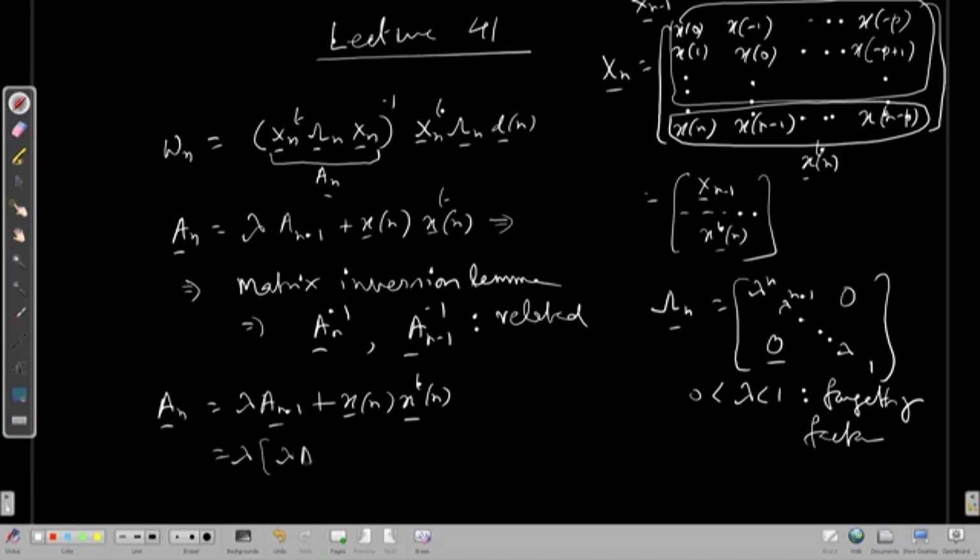So, then we get A n minus 2, and this becomes this entire thing, A n minus 1 by the same formula.